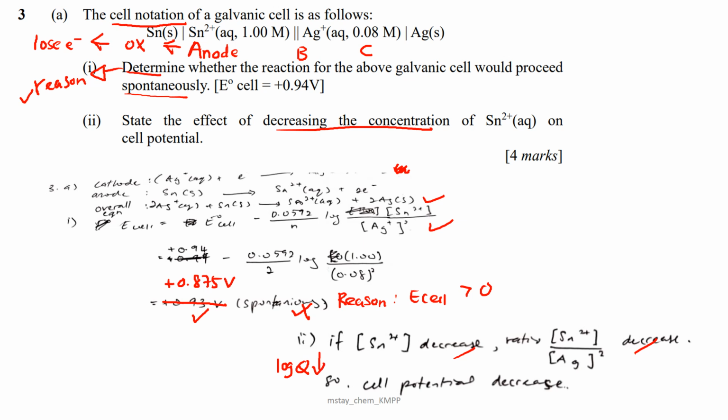Based on here, if this whole value is decreasing, then E0 cell remains unchanged, so the E cell should increase. For this question, the student gets 1 mark for the overall equation and 1 mark for the Nernst equation, so 2 marks only for this question.